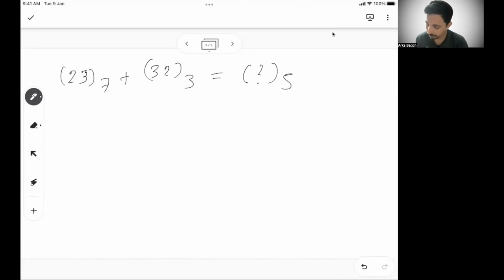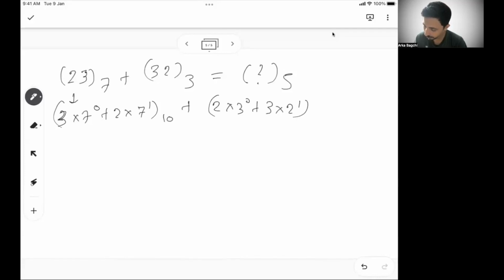So for example, how will I do it? This number is nothing but 3 into 7 to the power 0, plus 2 into 7 to the power 1. This is in base system 10. Plus 2 into 3 to the power 0 plus 3 into 3 to the power 1, again in base system 10. So this is nothing but 3 plus 14, so 17 in base system 10.